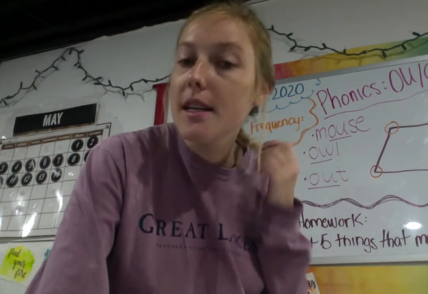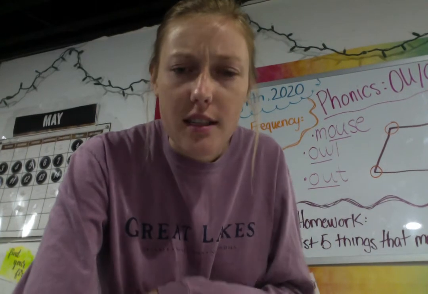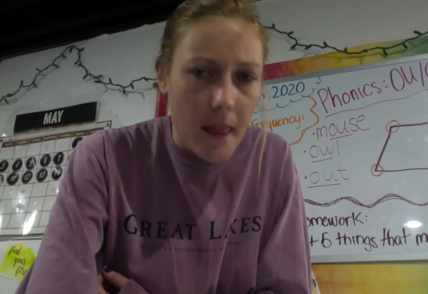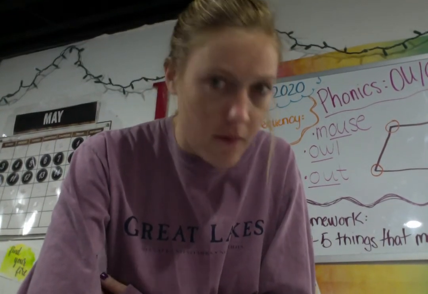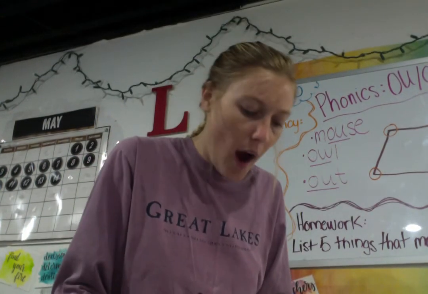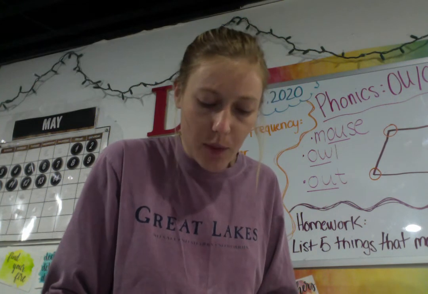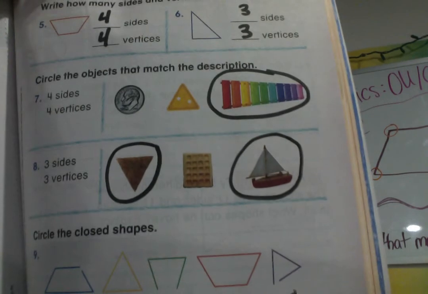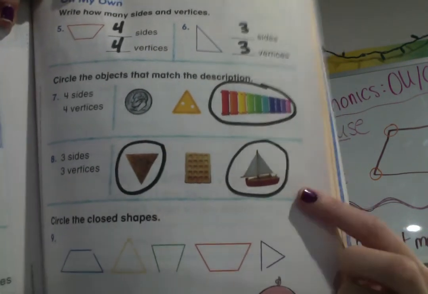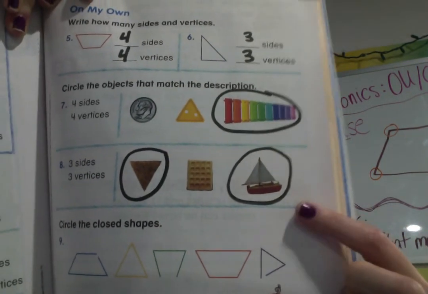Which one has 3 sides and 3 vertices? Amid? The cracker. And if you circled that last picture too, I'm okay with that, because that sailboat has 3 sides and 3 vertices.